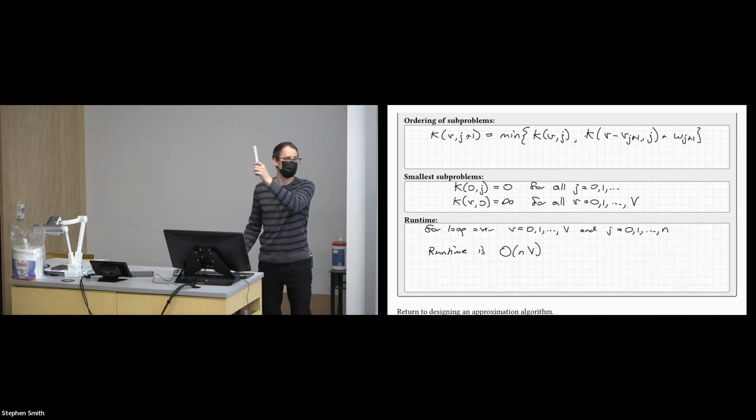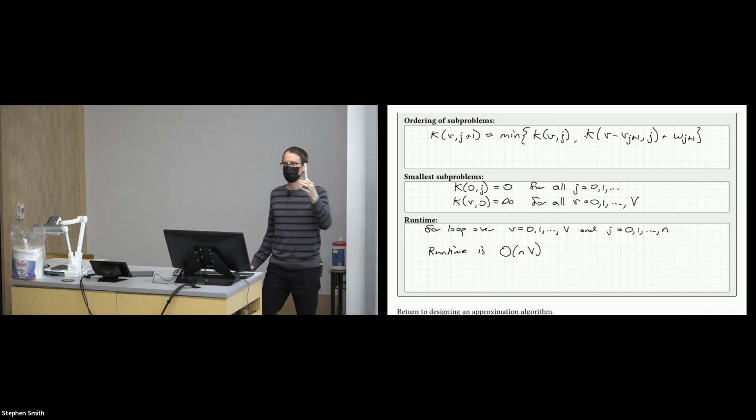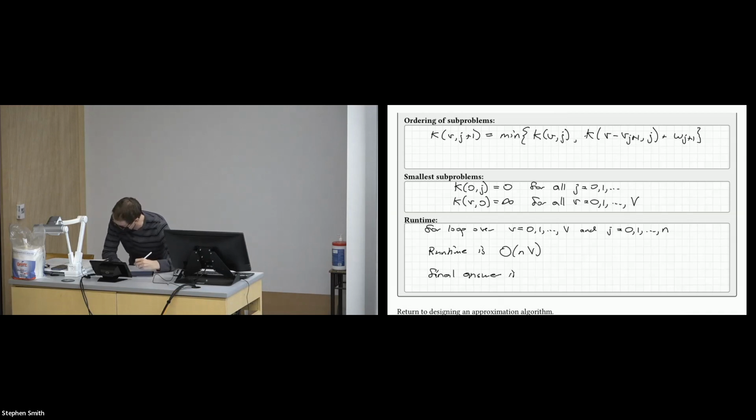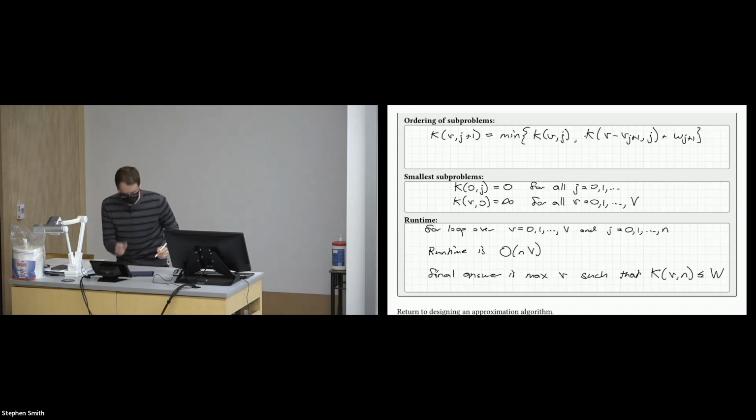Start at the maximum V and just iterate down until you hit one with a weight underneath the budget. So the final answer is the max V such that K(V, n), right? I only have to consider using all the items, is less than or equal to my capital W.